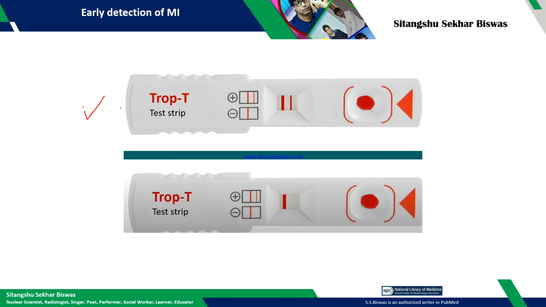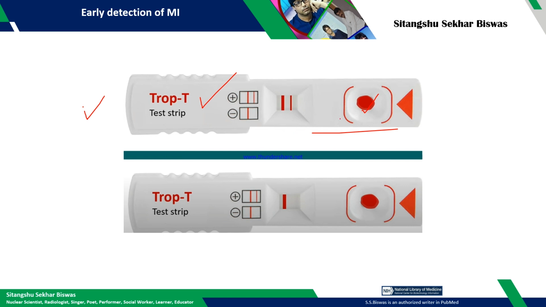It's very simple. The technician will draw blood from the vein, and the blood will be placed on the strip. In the strip, the blood diffuses through a capillary, and there will be preloaded antibodies for the TROP-T antigen.